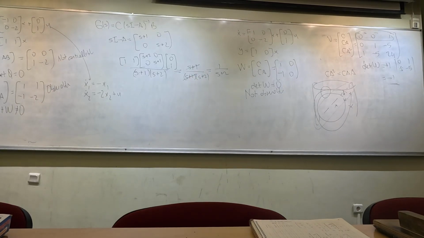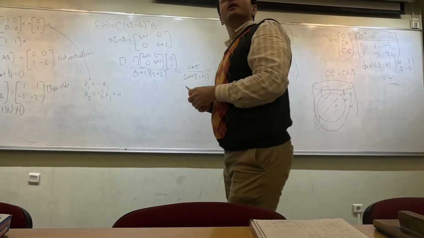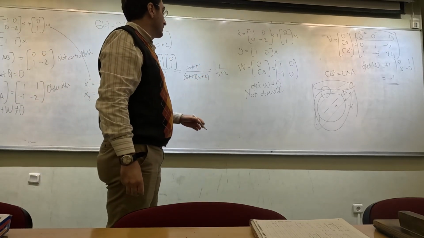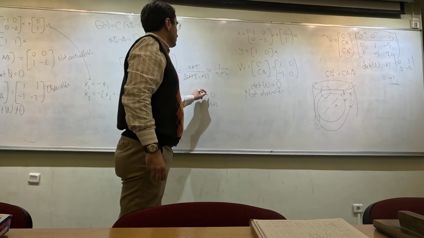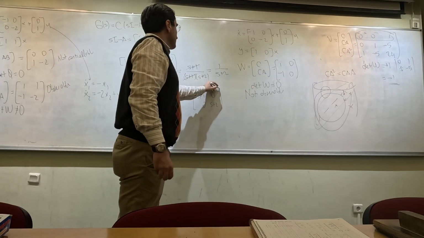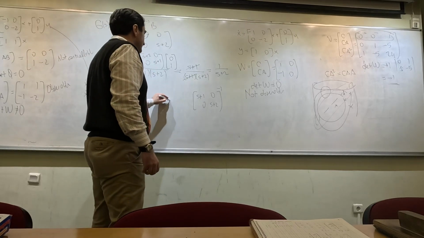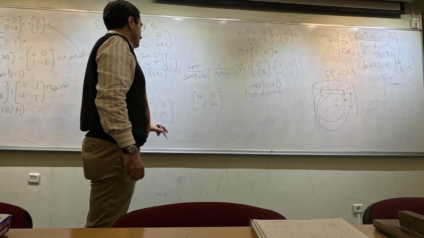In this case, what is going to happen to the transfer function? 0. Yes, it's going to be 0. Let us try to calculate that. So I have [s plus 1, 0; 0, s plus 2] here. I will calculate the inverse of this matrix. It is going to be again the same: [s plus 2, 0; 0, s plus 1] divided by (s plus 1)(s plus 2).